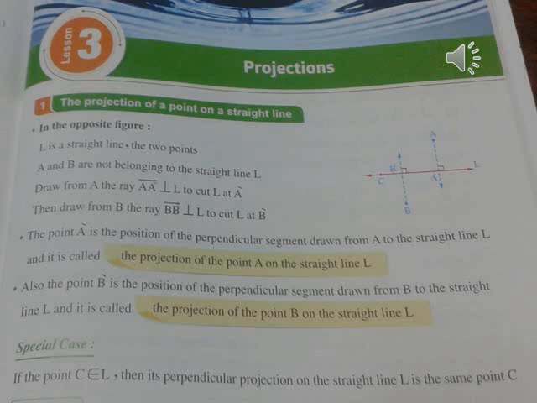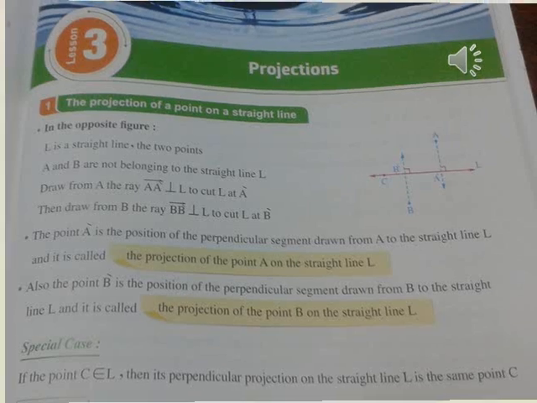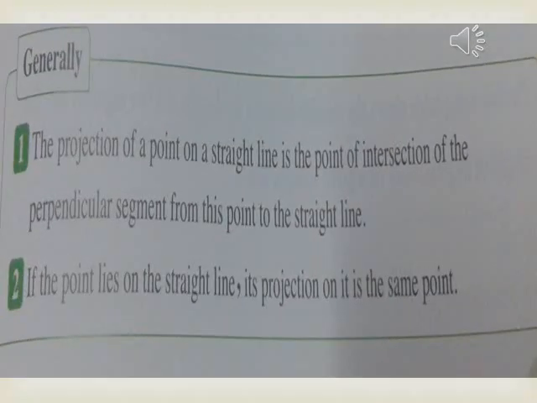Special case: if the point C belongs to L, then its perpendicular projection on the straight line L is the same point C. Generally, the projection of a point on a straight line is the point of intersection of the perpendicular segment from this point to the straight line.